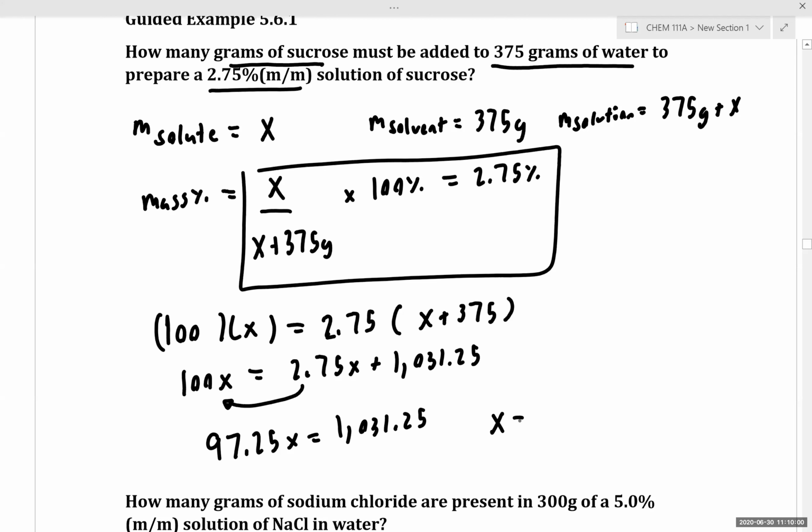So then X is equal to 1031.25 over 97.25, which in turn gives us a value of X of 10.6 grams. So we need to dissolve 10.6 grams of sucrose.